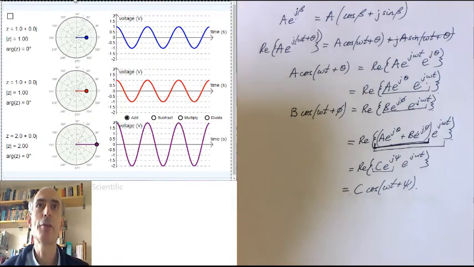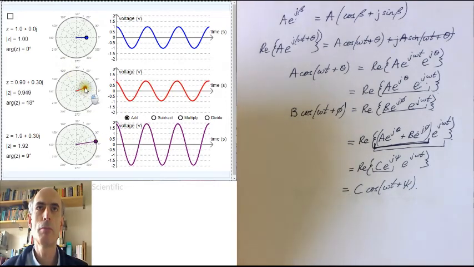It looks like this. Here we've got an oscillation with a phasor of 1, so it has an amplitude of 1 and a phase angle of 0. Here is another one. We're adding them together and we're producing this output result.